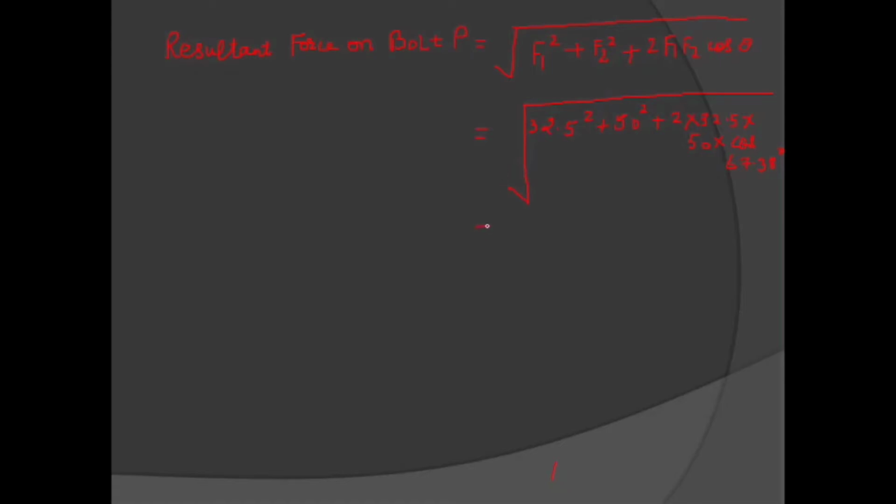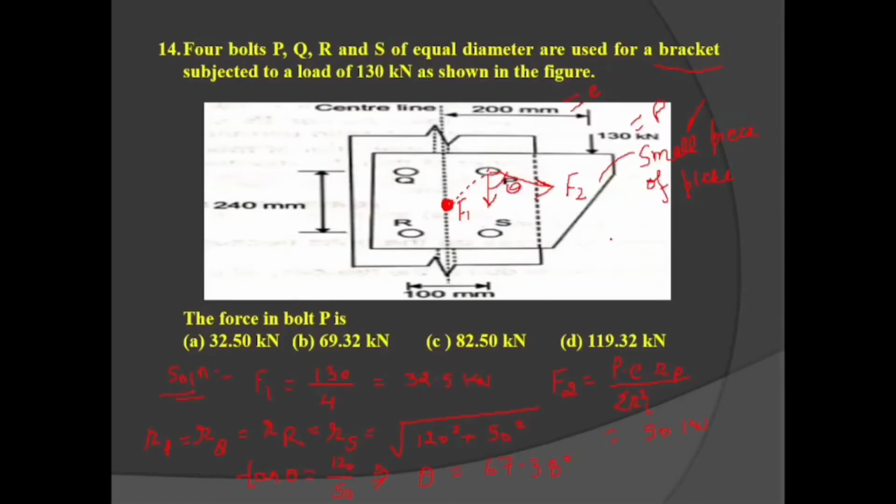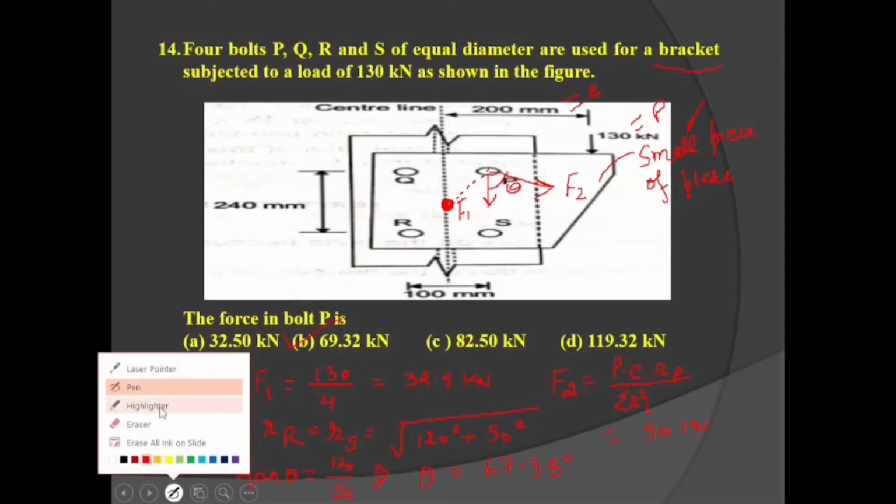So this value is equal to 69.32 kilonewton, our answer. So my dear students, the resultant force on bolt P, calculated using the vector rule, is 69.32 kilonewton. So option number B is the correct option.